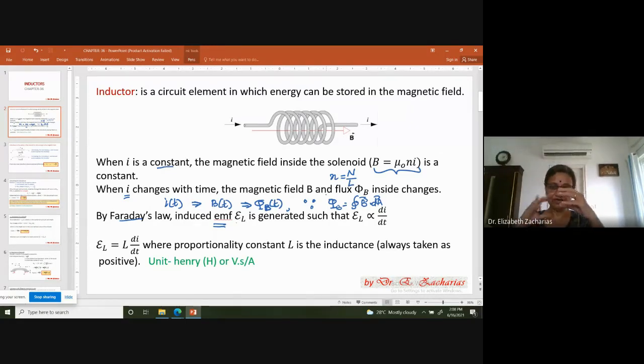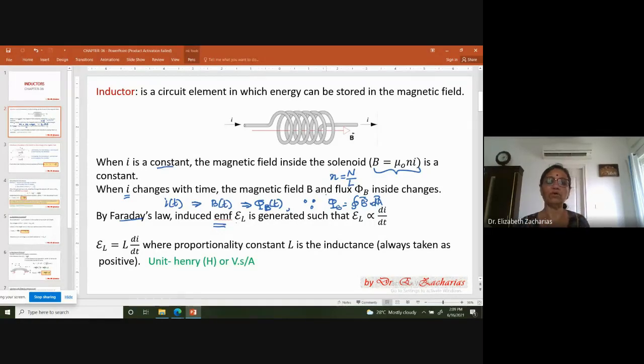The flux through it is happening because there is a current in the coil. So it has created its own magnetic field. And because the current changed, this own magnetic field changed. And because its own magnetic field changed, its flux also changes.